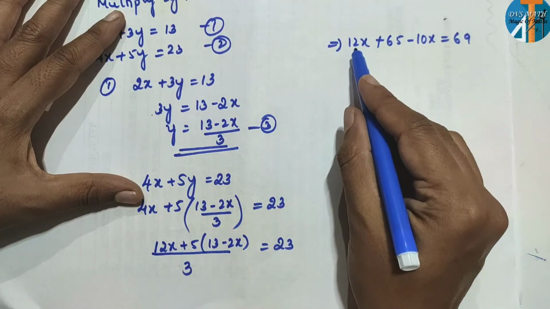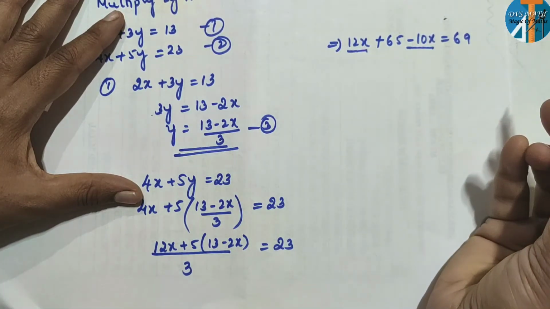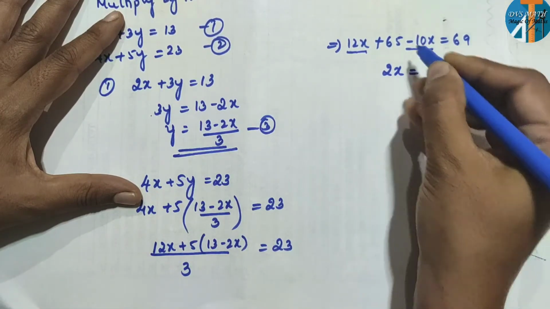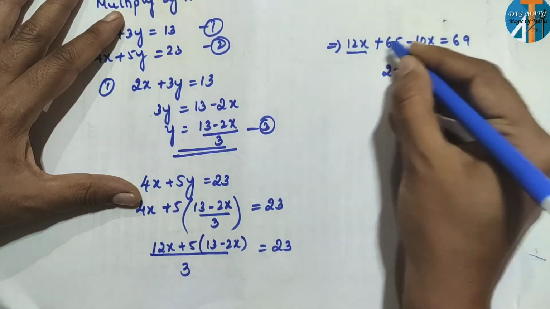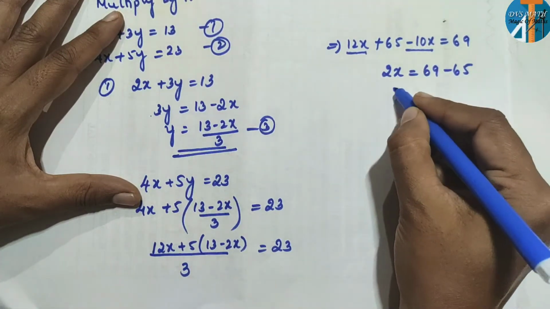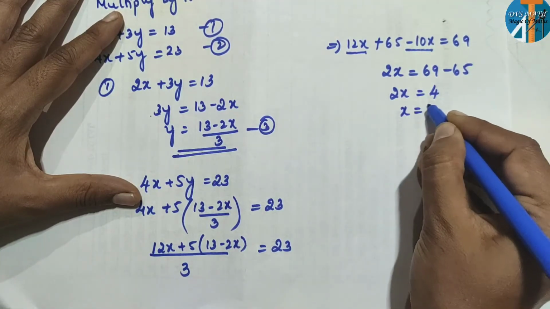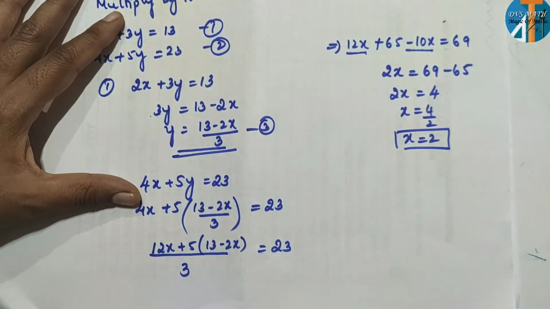Now 12x minus 10x is 2x. Send plus 65 to the RHS, it becomes 69 minus 65. So 2x is equal to 4. x is equal to 4 by 2, x is equal to 2. So you got the x value as 2.